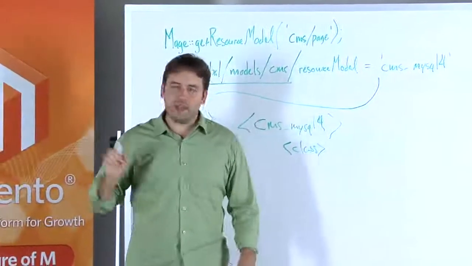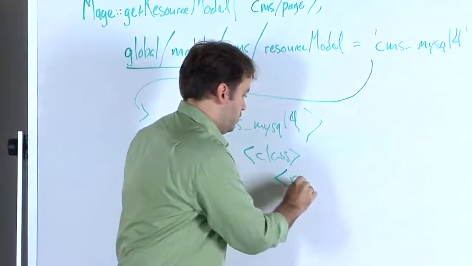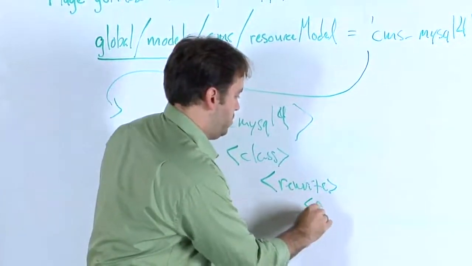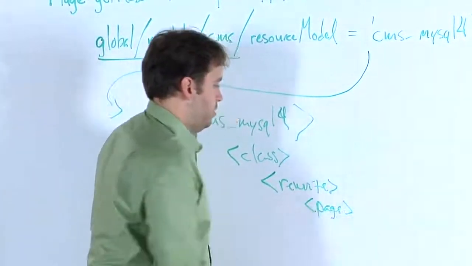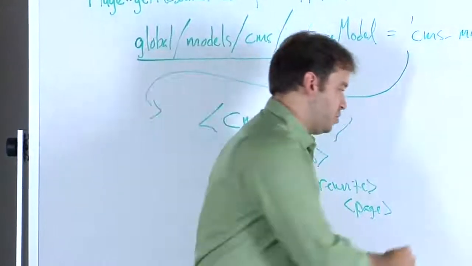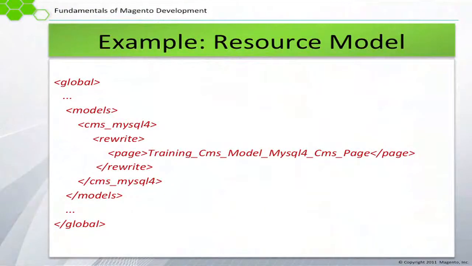Because we match page against rewrite, page. If this is found when we go here, we just use whatever class we specify. In this case, training CMS model MySQL 4 CMS page. Again, it could be whatever we want, the name, and therefore the path.